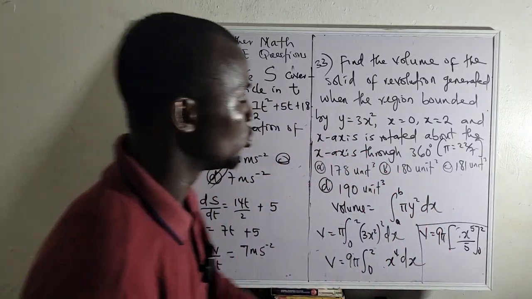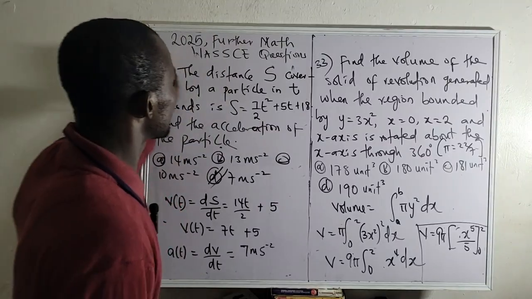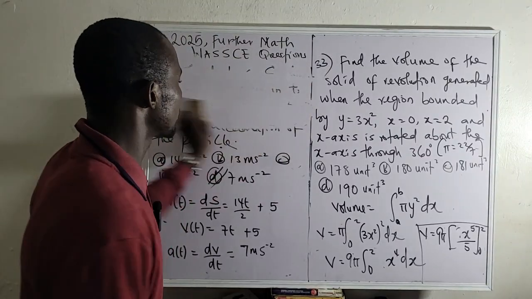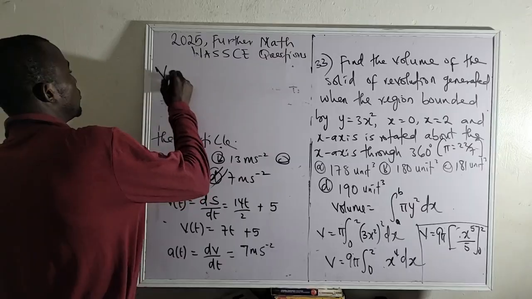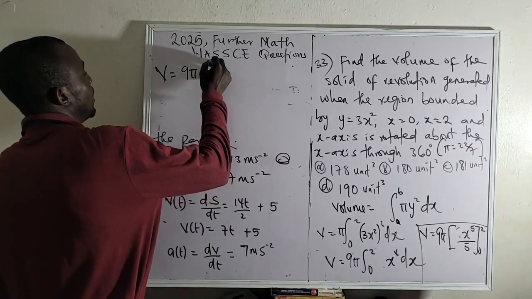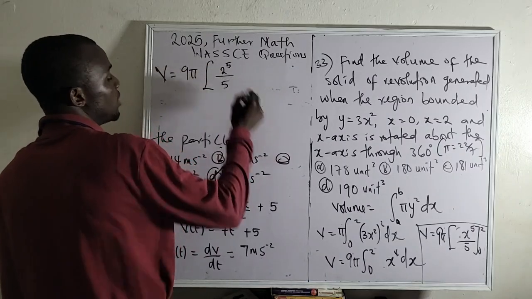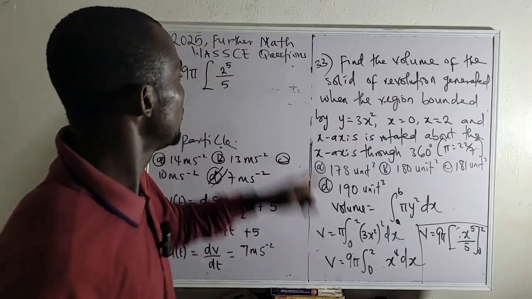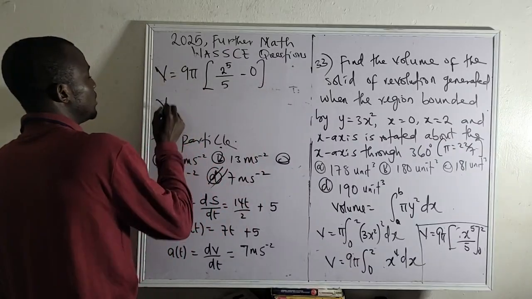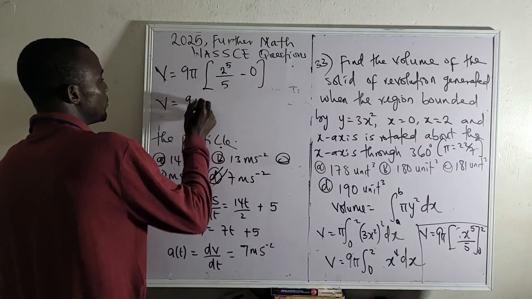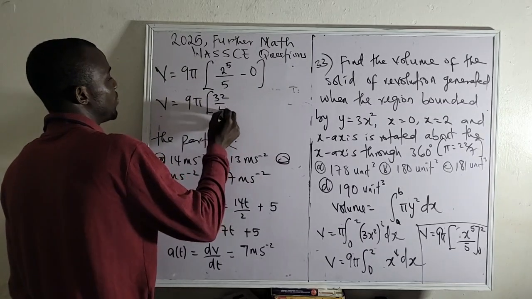The next thing you want to do is to evaluate the limits. So for this one, our v will be equal to 9 pi, and when x is 2, we have 2 raised to power 5 over 5. When x is 0, the other one will go to 0, that will be minus 0. So v equals 9 pi times 32 over 5.